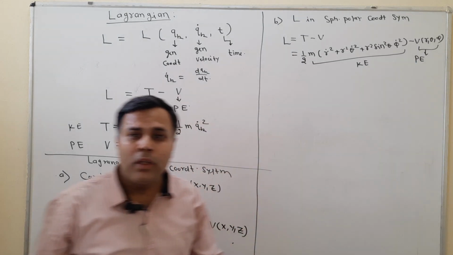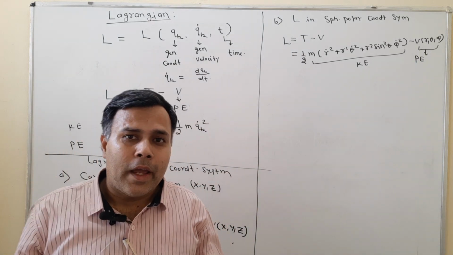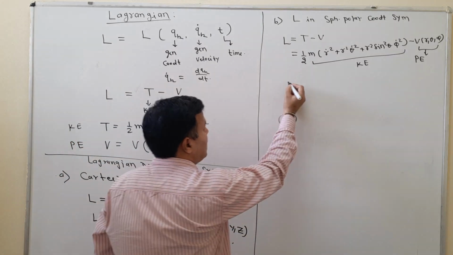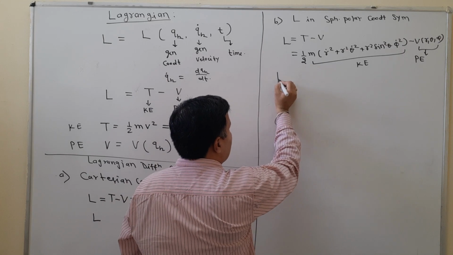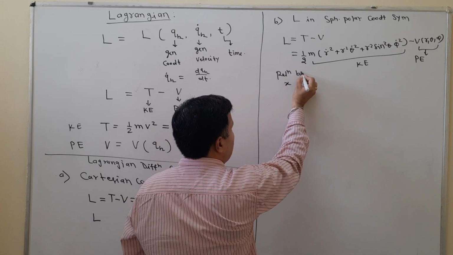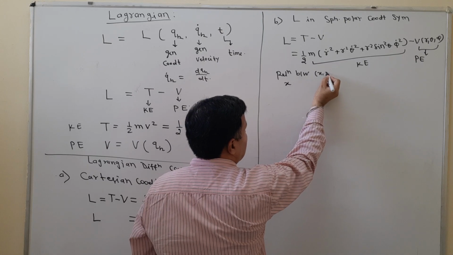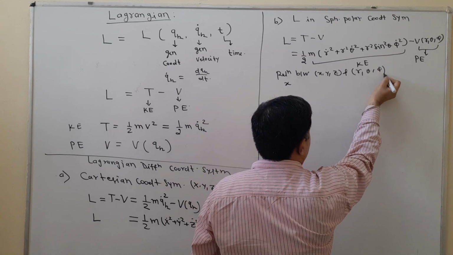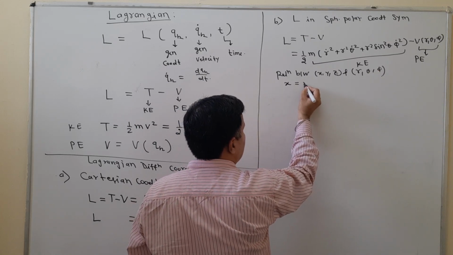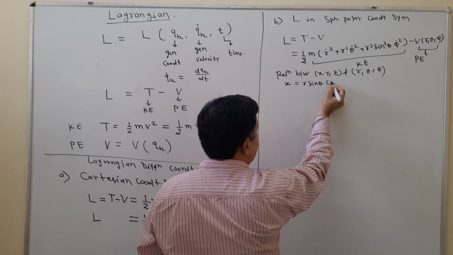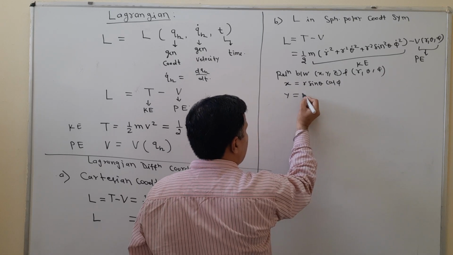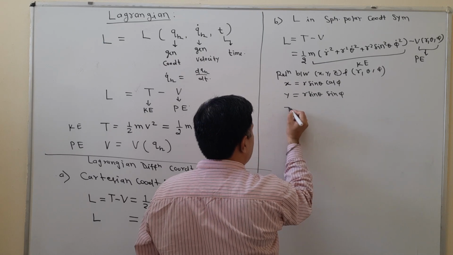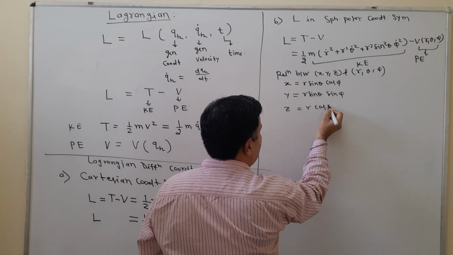We know how to express x, y, z. There is a relation between Cartesian and spherical polar coordinates. What is that relation? The relation between x, y, z and r, theta, phi: x equals r sin theta cos phi, y equals r sin theta sin phi, and z equals r cos theta.